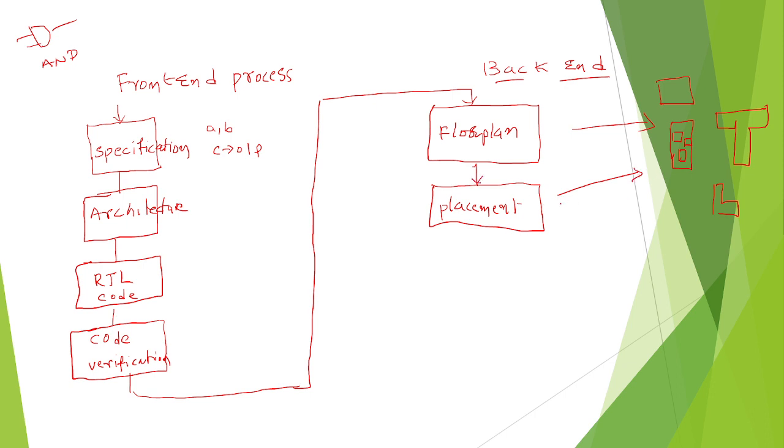Then they are going for routing. Routing also gives results: the power consumption will reduce and the speed will be increased. The connection between two devices, if it is a mobile, the connection between RAM to ROM, like this. That is the routing connections.